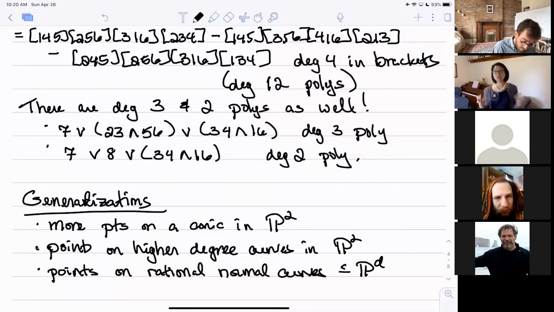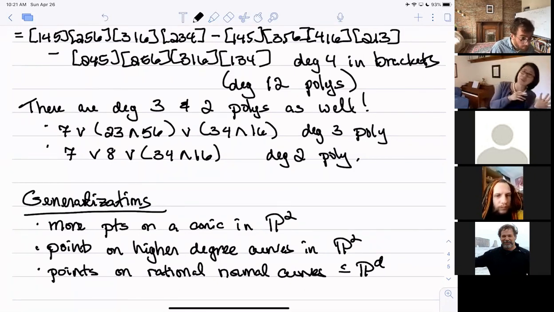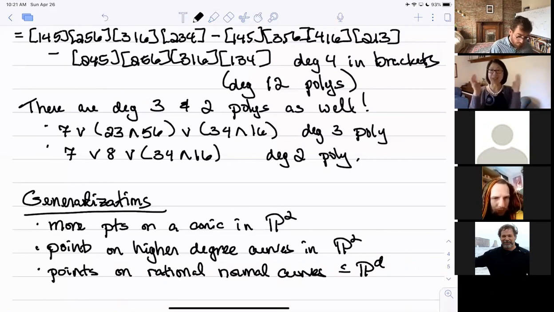A rational normal curve is just an embedding of P1 into PD. And actually, a conic is a rational normal curve embedding P1 into P2, okay? So you can re-envision Pascal's theorem as saying, when do 6 points lie on a rational normal curve in the plane? And 6 is 2 plus 4.